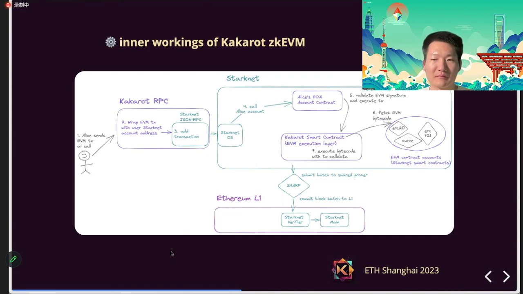If I had to sum it up in one sentence: Kakarot currently is a set of smart contracts on Starknet. When you use Kakarot currently, you're injecting EVM transactions into Starknet block space. That's what's happening. You have to think of Starknet as a blockchain that uses the zkEVM as its engine, and then we're virtualizing or emulating the EVM on top of it.